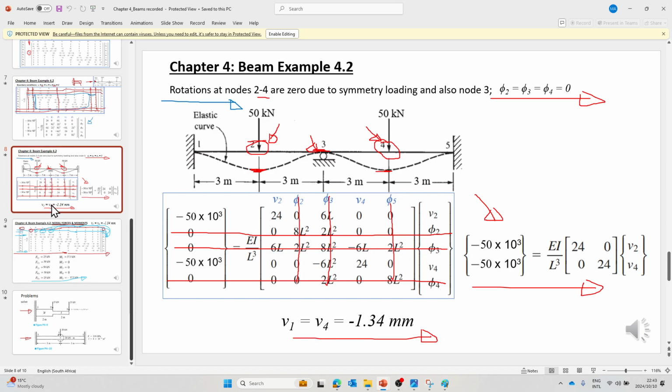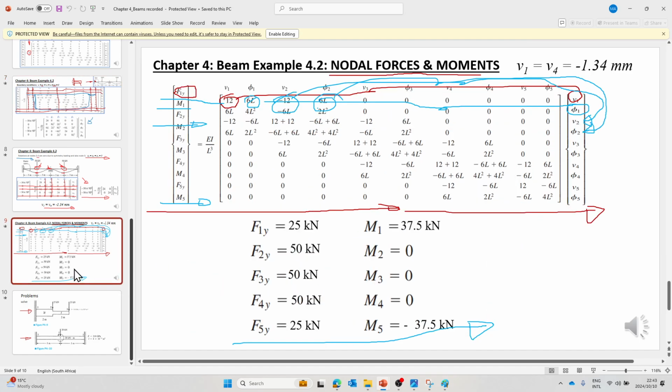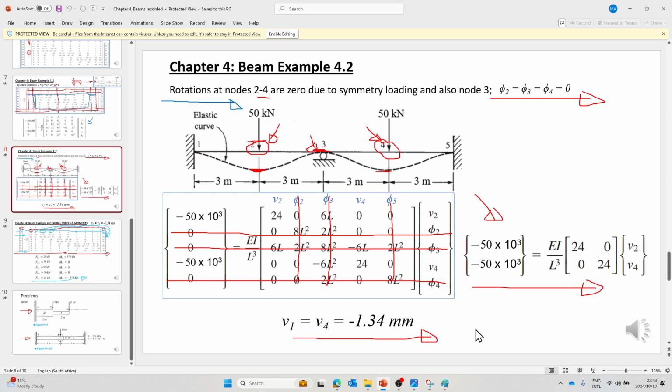I just want to find out what the question was here. They come to the forces and then solve for all the forces and all the moments. But first they need to find the displacement here on the y and on the x. Anyway, they solve for the displacement at V1 and at V4.